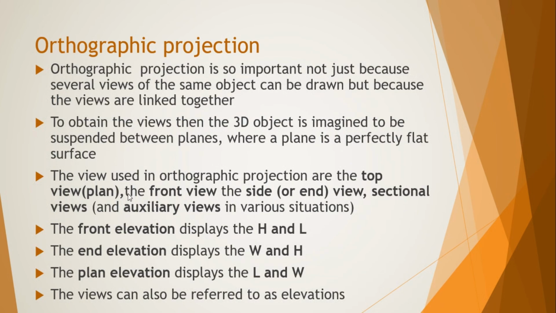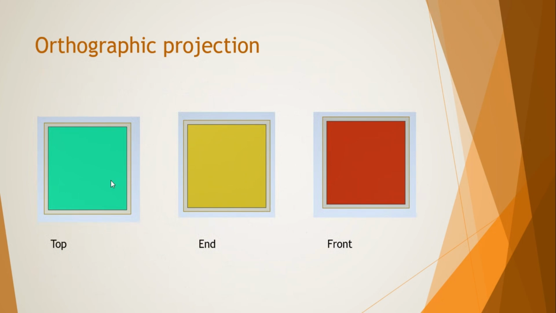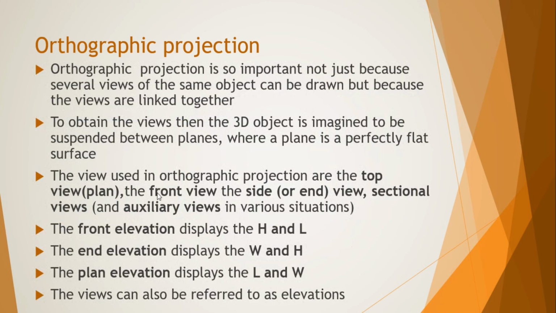The views that we'll be able to use, as we have discussed in the previous slide, will be the top, the end, and the front. So that is the front view, the side view. The end and the side view are the same thing.